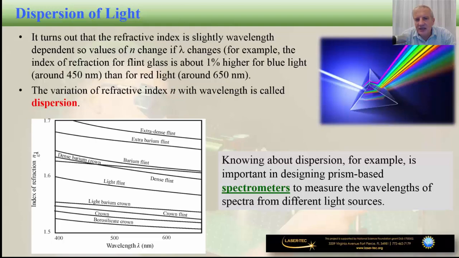So the index of refraction of the medium is changing with the wavelength of light. In other words, the index of refraction of glass that a prism is made out of is going to be different for violet light versus red light versus green light or yellow light. And you can see that on this graph on the left hand side. Let's pick a light flint type of material, and you can see how the index of refraction is changing.